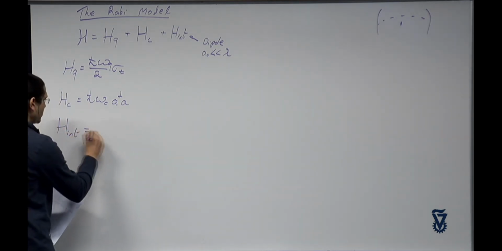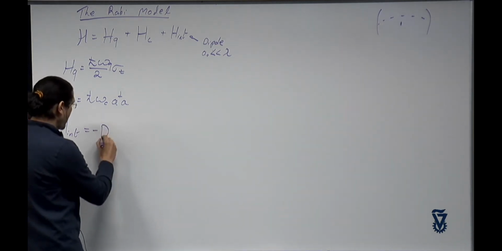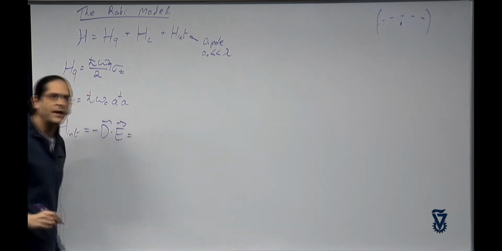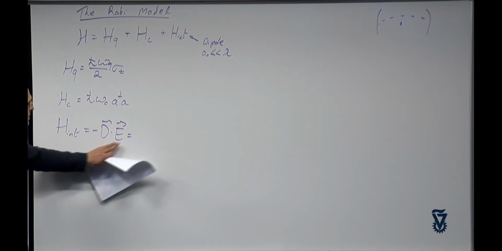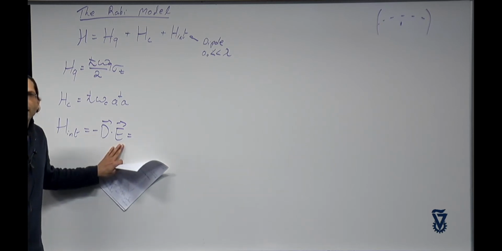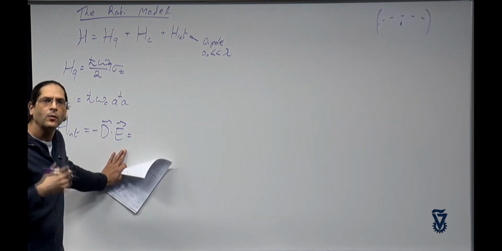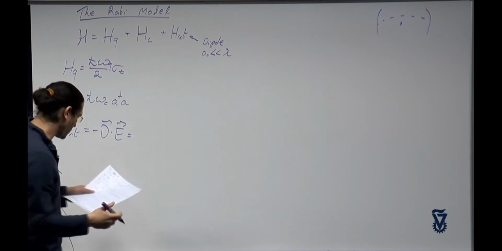The interaction term basically comes from minus d dot E. This is what we saw when we talked about a quantum spin coupled to a classical field, but now we're going to replace E with our operator for our quantized field.